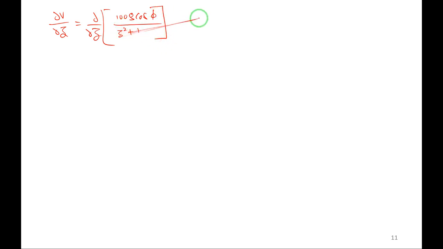With respect to z, 100 rho cos phi is taken out. So can I write it like this? Dou by dou z of z square plus 1 whole inverse. I will be taking it to the numerator.